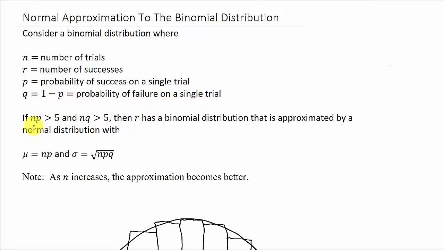If n times p and n times q are greater than 5, then r has a binomial distribution that is approximated by a normal distribution with the mean mu equal to n times p and the standard deviation sigma equal to the square root of npq.